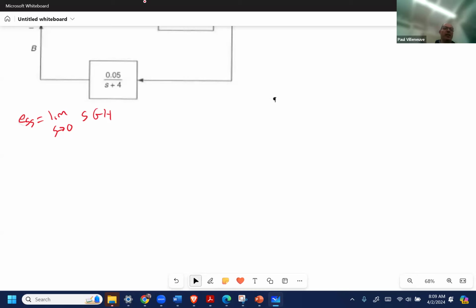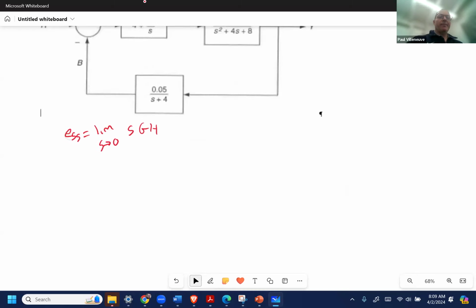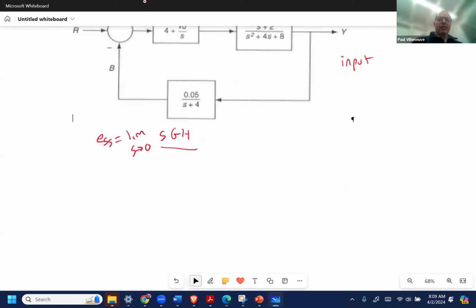Now, we have to be careful because this is dependent on what's happening in our system. The steady state error also has to include the input in here, so that has the value of R that multiplies through.